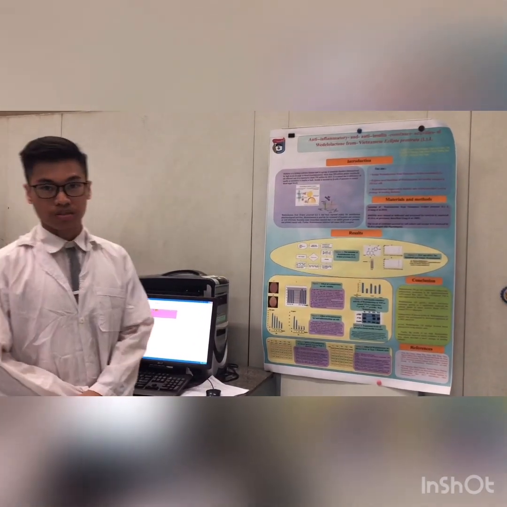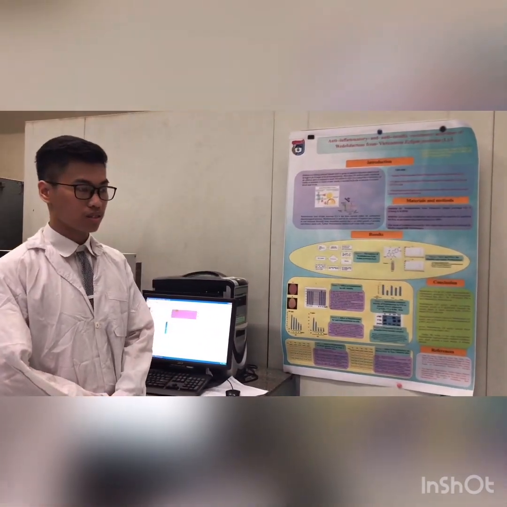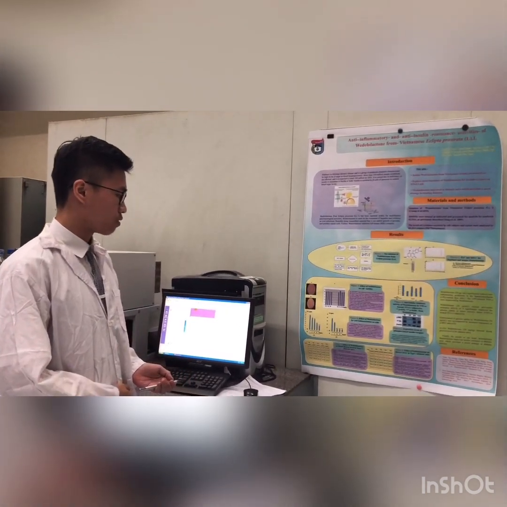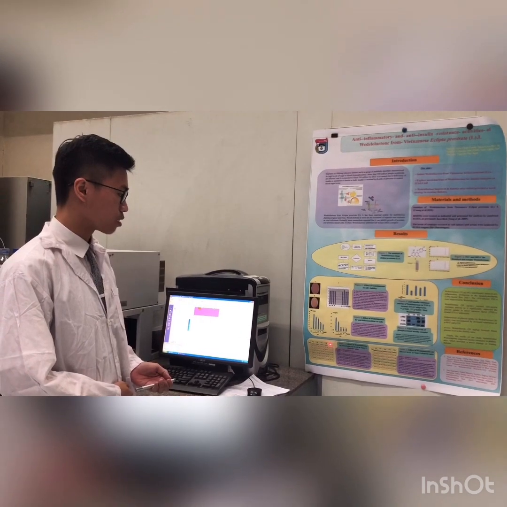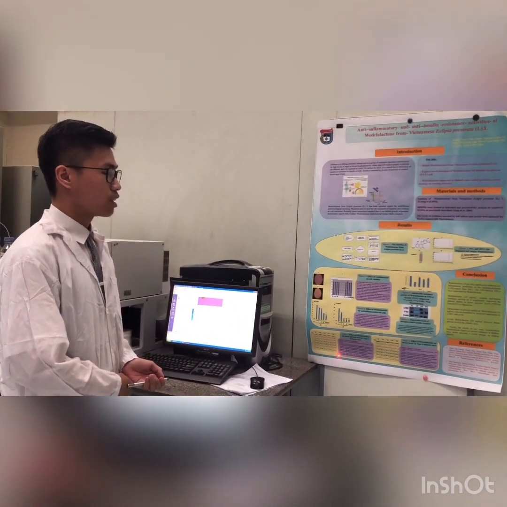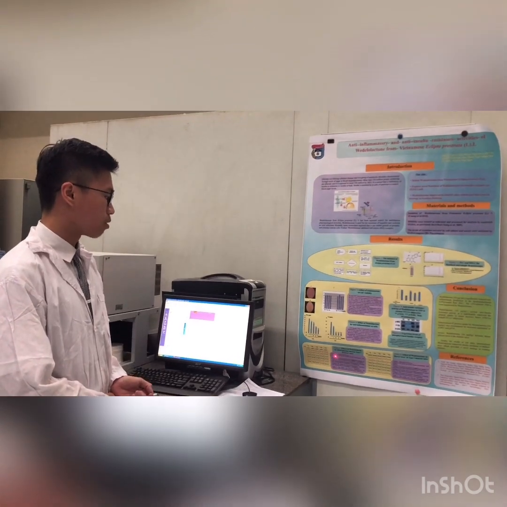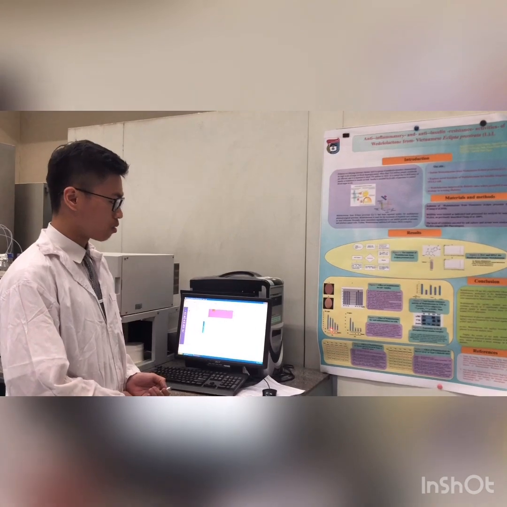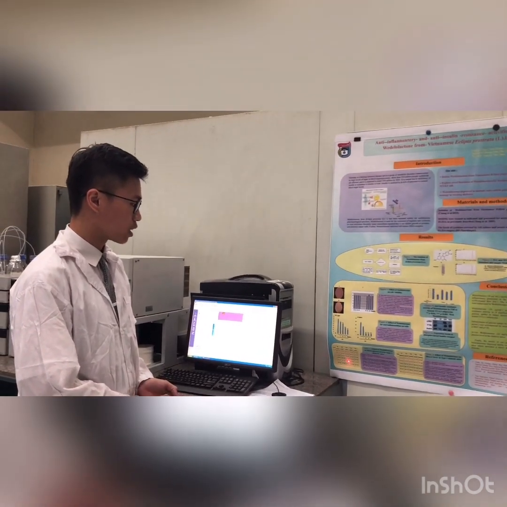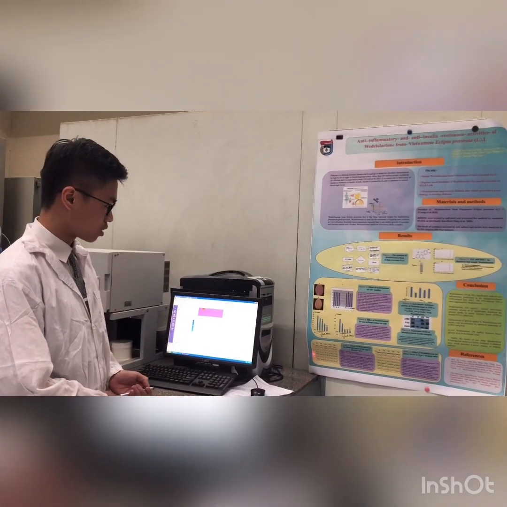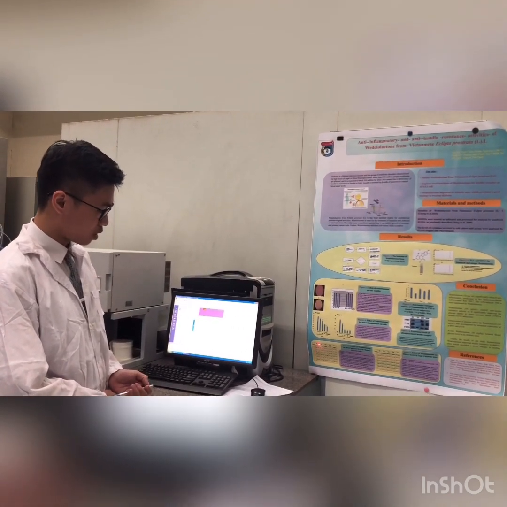Hello everyone, my name is Nguyen Si Hoang Anh and I'm going to continue this presentation. So, as you can see in table 1, which is about the effect of Wedelolactone on blood glucose level in type 2 diabetes mice, the oral administration of Wedelolactone at 40 mg per kilogram lowered serum glucose levels significantly for 21 days as compared to control, which is shown in group 2 and group 3.